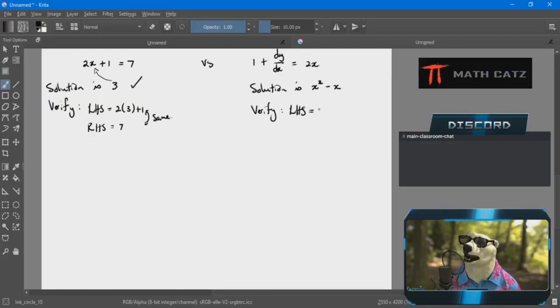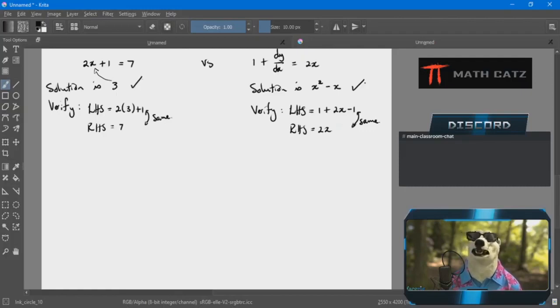The left-hand side is going to be 1 plus the derivative, 2x minus 1. The right-hand side is 2x. Remember, I'm not looking at a number value of x. My answers are functions. They are the same. Therefore, yes, it's a solution.